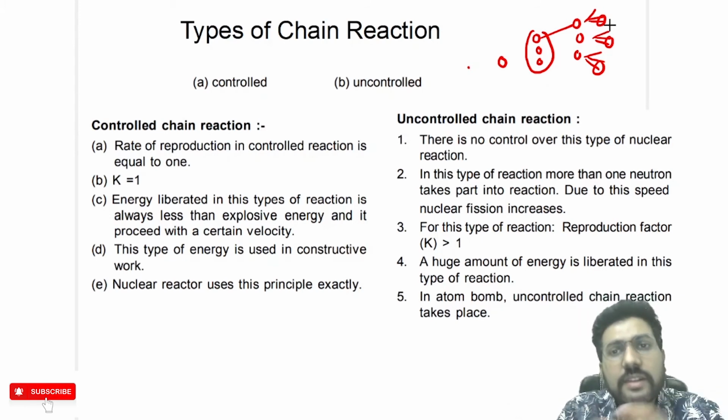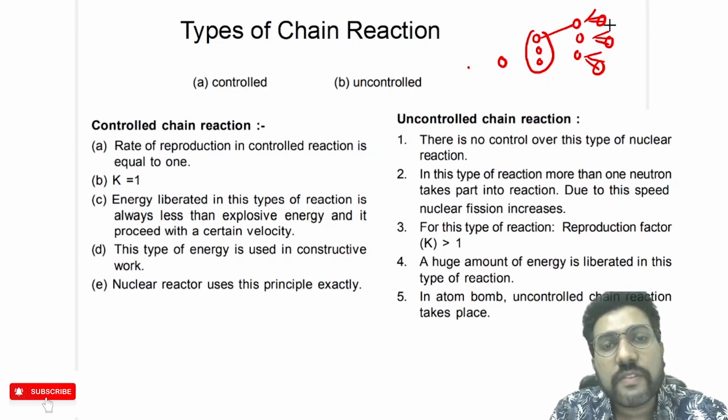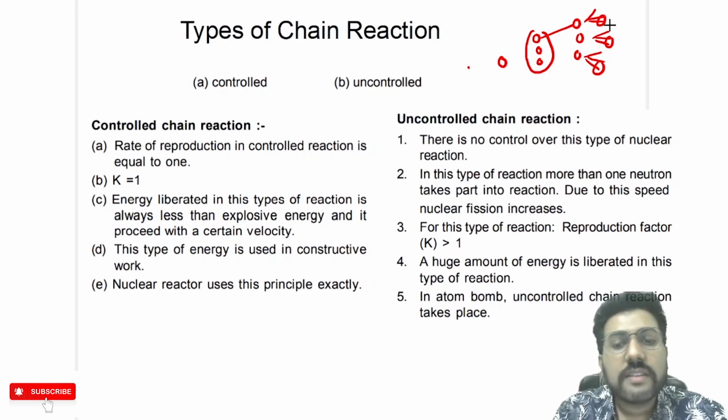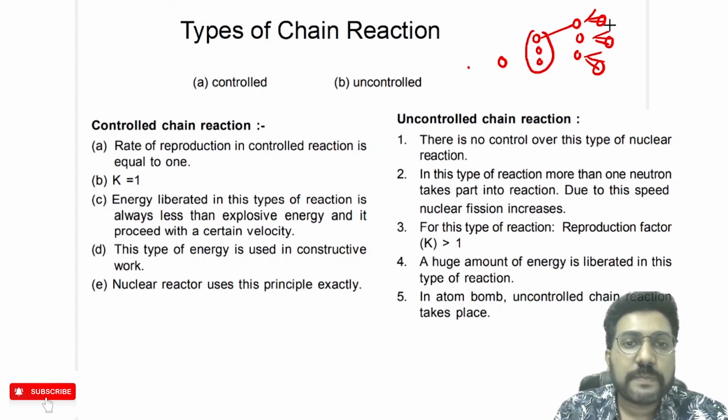For an uncontrolled reaction the value of K, the reproduction factor, is greater than 1. That means the number of neutrons keeps on increasing, and a huge amount of energy is liberated and we cannot control it. So the atom bomb is based on the uncontrolled chain reaction.